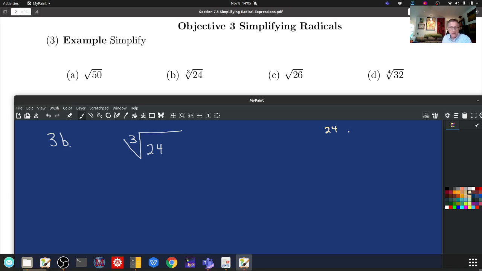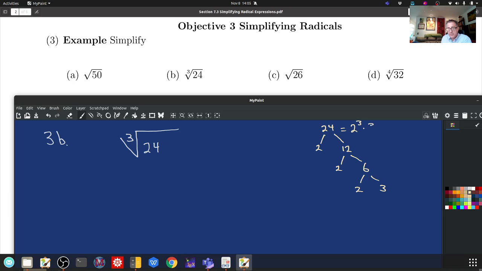You could use 6, that would be okay as well, but it's going to be 2 for me. So that's 2 times 12. Now 2 is prime, so that branch of the tree is done. However, 12 can also be divided by 2, and I get 6. But 6 can also be divided by 2, and I get 3. So 24 is equal to 2 times 2 times 2, which is 2 to the third, times 3.